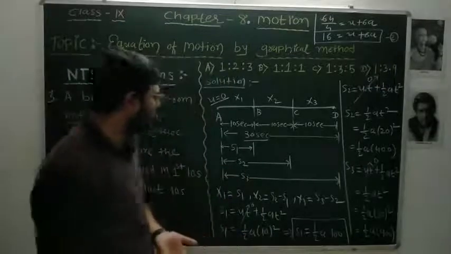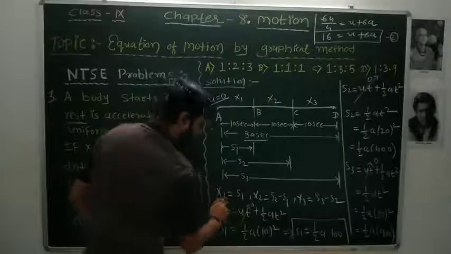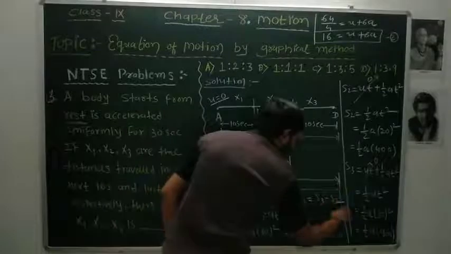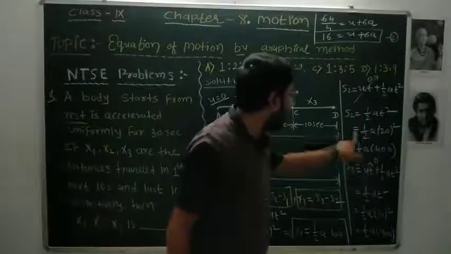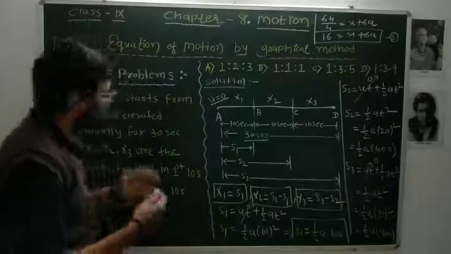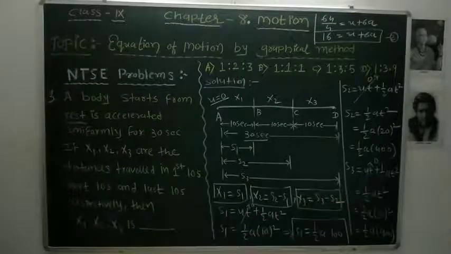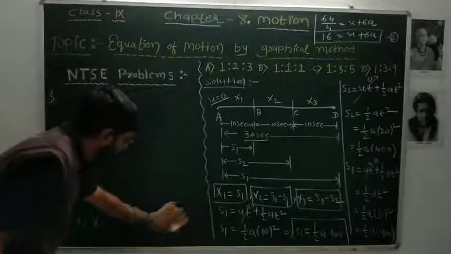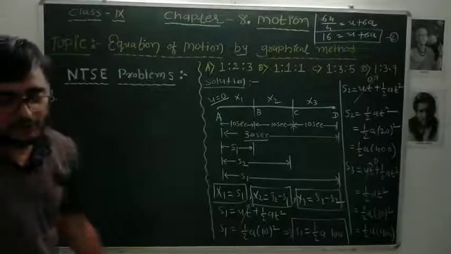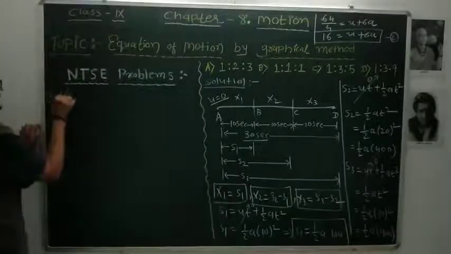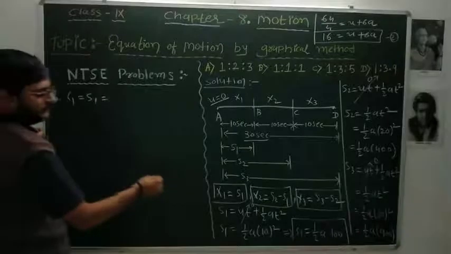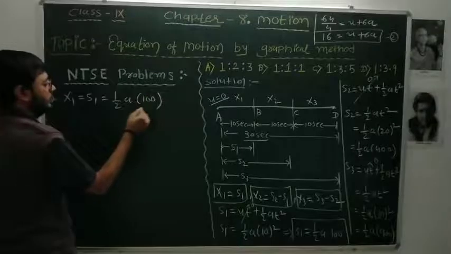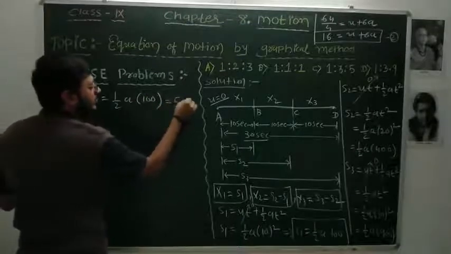We can easily find x1, x2, x3 from these equations, by just subtracting S1, S2 and S3. Let us find out. We know that x1 is equal to S1, the first displacement, which is half A times 100, so we get 50A.